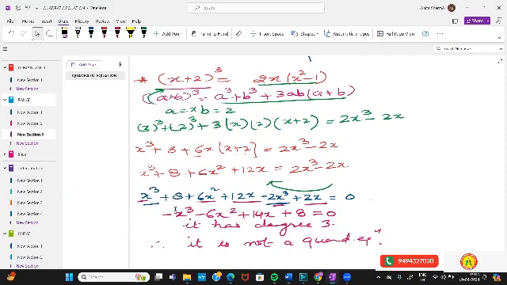Tell me, beta, have you simplified like this only? Yes, ma'am. Okay.